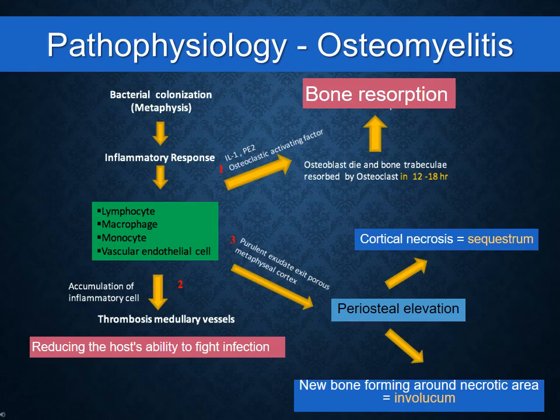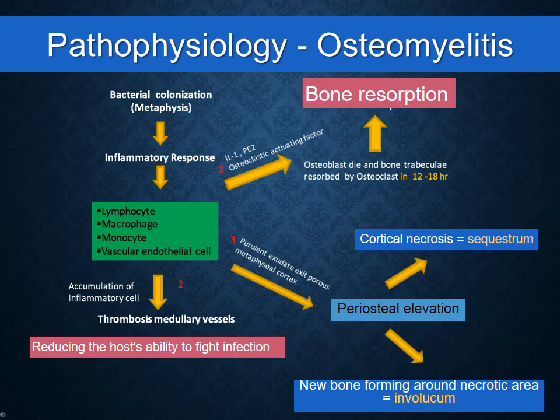Once the bacteria reach the bone, they adhere to the extracellular matrix and start multiplying. Staphylococcus aureus is the most common culprit because it produces adhesins, toxins, and biofilms that help it evade the host defenses. The host immune response triggers inflammation, edema, and an increase in intramedullary pressure.